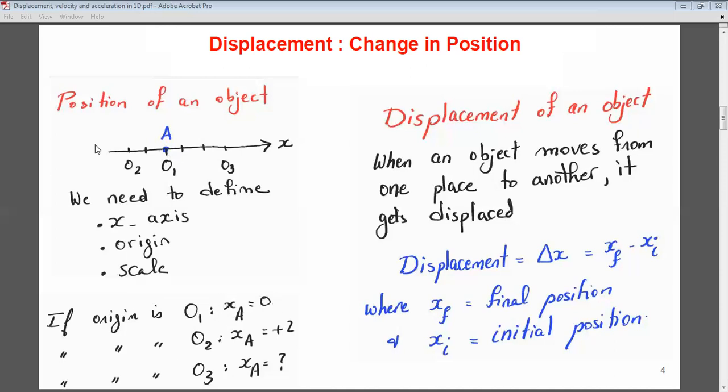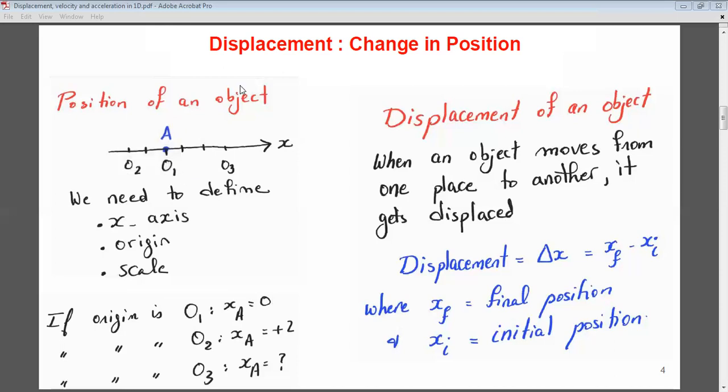If the origin is at O2, over here, then x of A will be +2, because it is located 2 points away from O2, toward the positive x-axis.